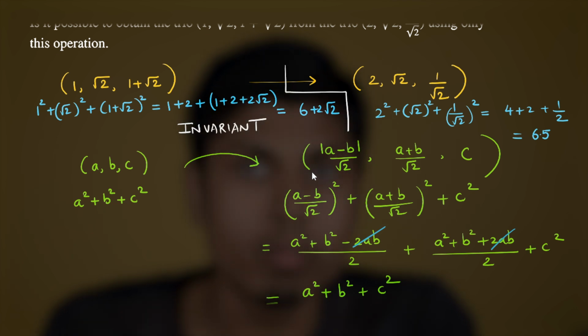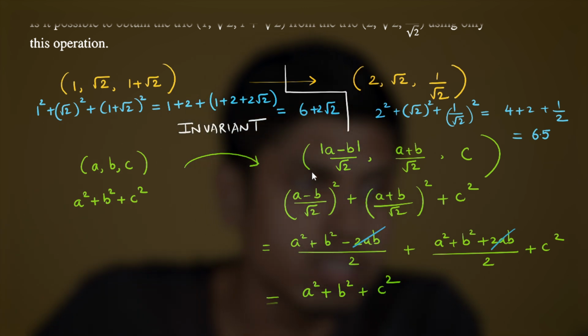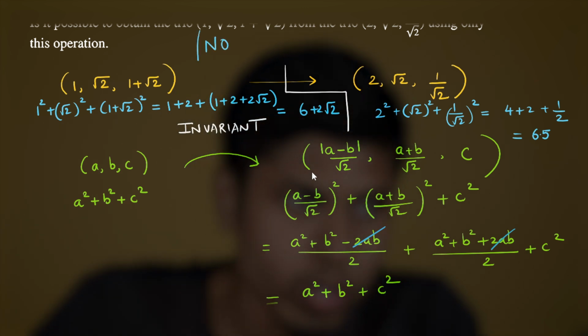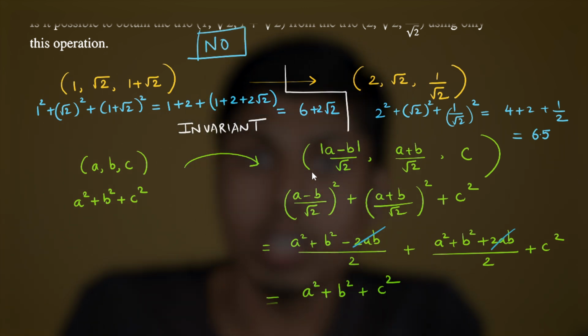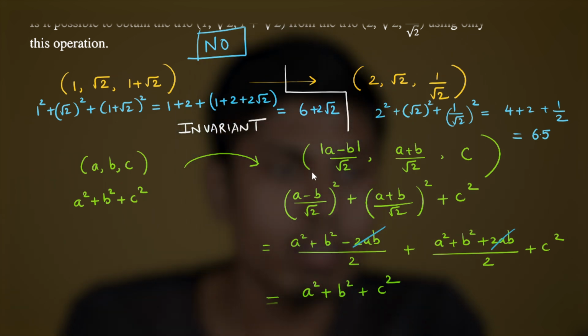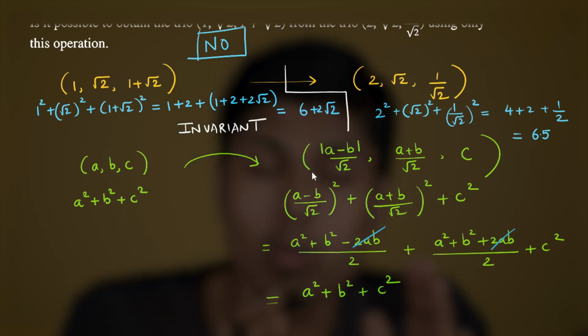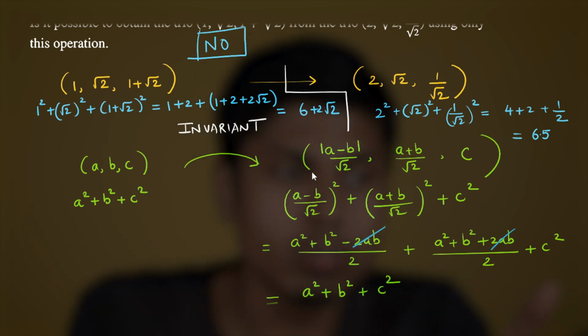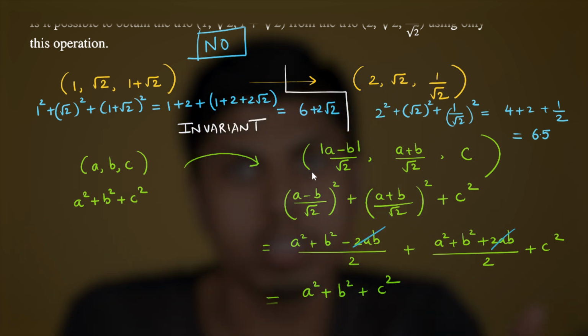But for this case and most cases similar to this problem, the answer is no. You cannot obtain it. Of course, if it's possible to obtain, you have to give the proper approach. And if it's not possible, you just need to give one contradiction through the process. We have given that using the invariant, which is the sum of squares.